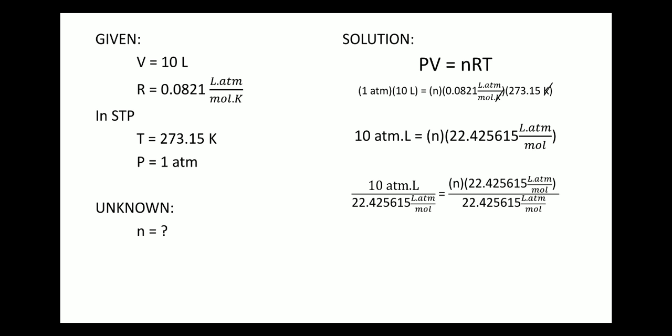If you're wondering why the unknown is on the right side, because usually the unknown quantity is on the left side, it's okay. It's just the same. So cancel 22.42565, and on the left side cancel atm liter, so the remaining unit is mole. So 10 divided by 22.42565 is equal to 0.45 mole.